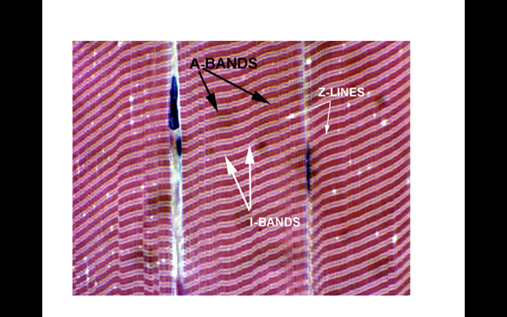Oh, and here are the A bands. The A bands are the dark lines that you're going to see. The I bands are the light bands, and inside those light bands are going to be Z lines. For my class, you don't need to know that. For physio, you will have to know that.